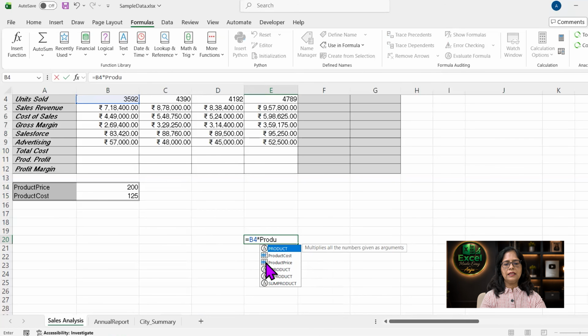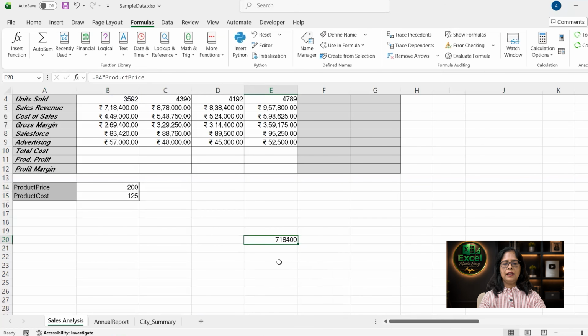And you can notice that they are referred as the cell name. So I can choose product price, and that is how it can be done. So you can directly refer to this as a name rather than writing the cell address, which is actually difficult to remember. So I hope these names are also going to help you in writing the formula.